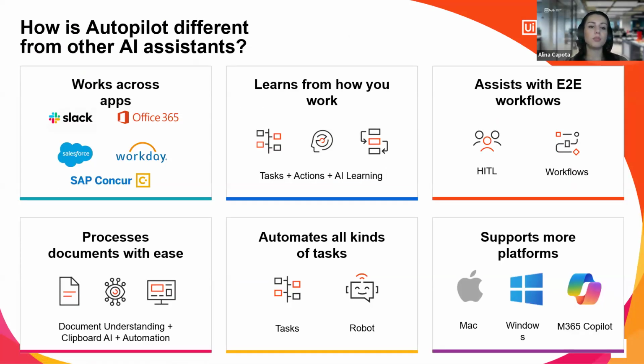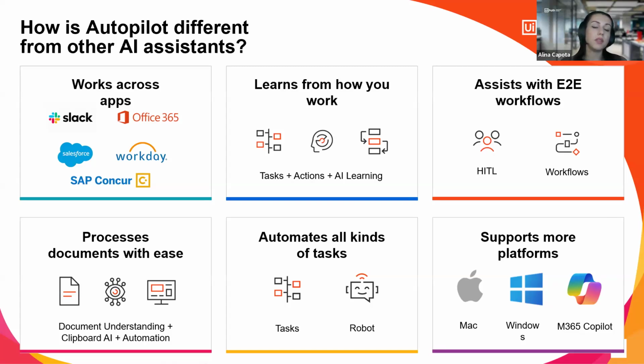Of course, Autopilot for Everyone is different from the other AI assistants because we are working across all the apps. So we are able to integrate Autopilot for Everyone into, for example, Slack, Workday, SAP, and so on. It learns how you work and it can customize workflows for you, workflows in the sense of conversational workflow.